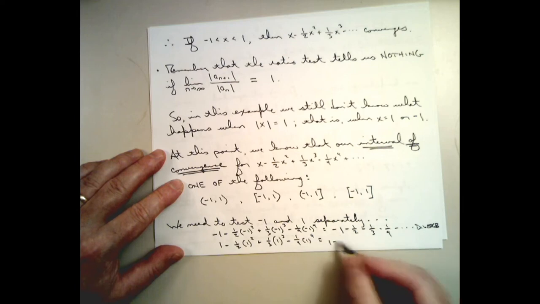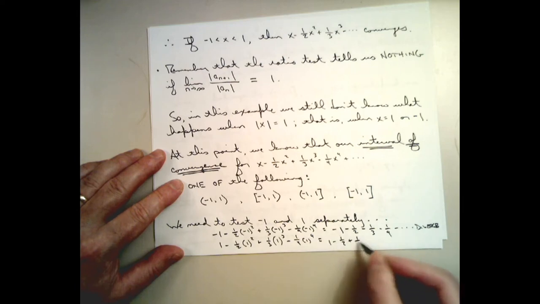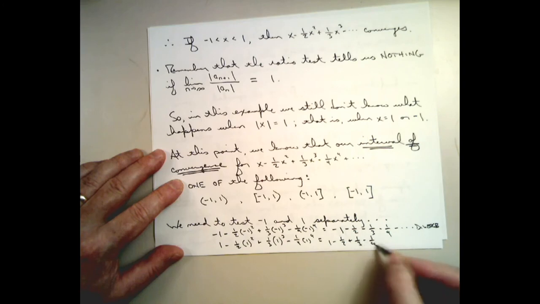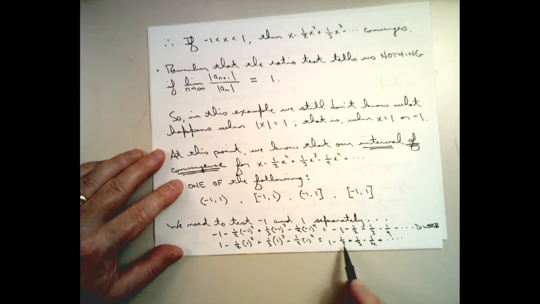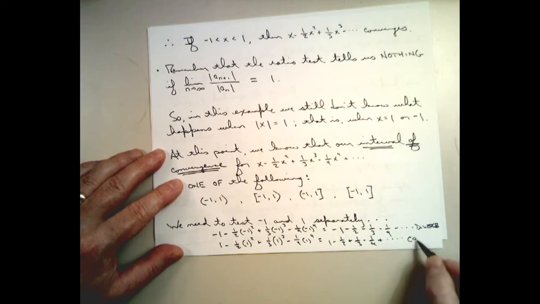Well, that's 1 minus a half plus a third minus a fourth, and so on. That's an alternating series whose terms are decreasing in value, and they're decreasing to 0. This converges.